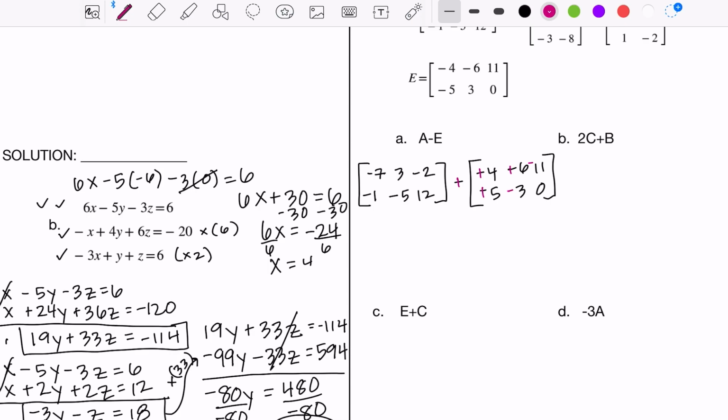And then 0 doesn't change signs. And then you can just combine them now through addition, and we get -3, 9, -13, 4, -8, and 12. So that's the work for that one.